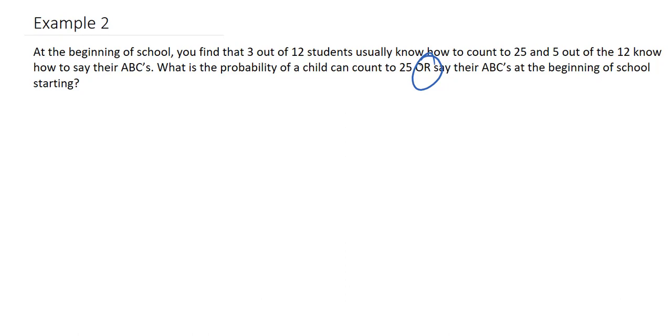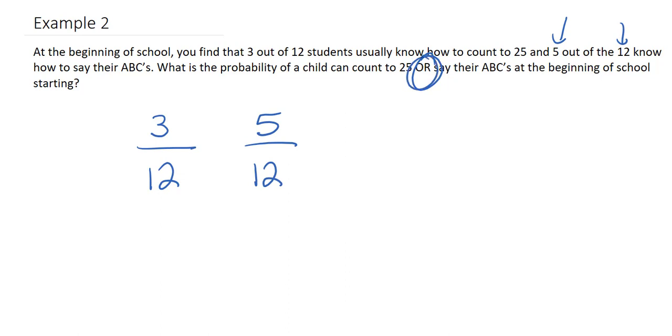When we have OR probabilities, the first thing we still do, no matter whether it's AND or OR, is we find the probabilities. So if a child can count to 25, that's 3 out of 12. Then 5 out of 12 can say their ABCs.